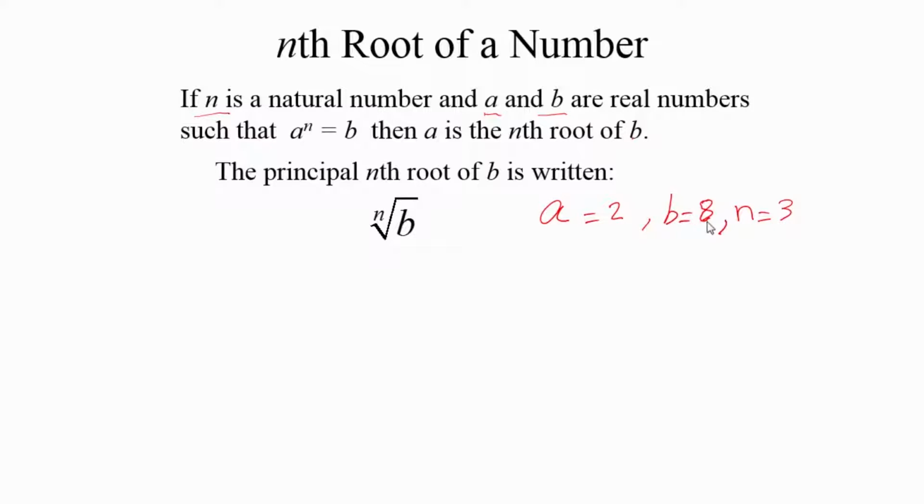A and b are real numbers, 2 and 8, such that a to the n power, 2 to the third, is equal to b, 8. Isn't that true? 2 to the third is equal to 8. So it is true. Then a is the nth root of b. Then a is 2, the nth root, n is 3, of b, b is 8. So the third root of 8 is equal to 2.